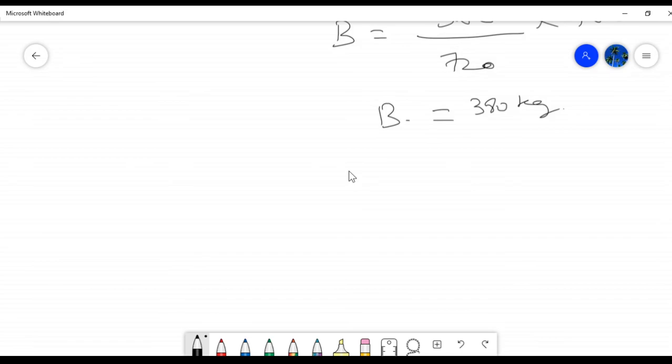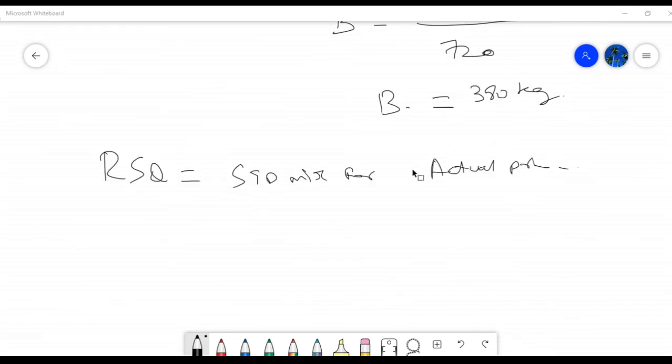RSQ equals the standard mix for actual material used, not actual production.